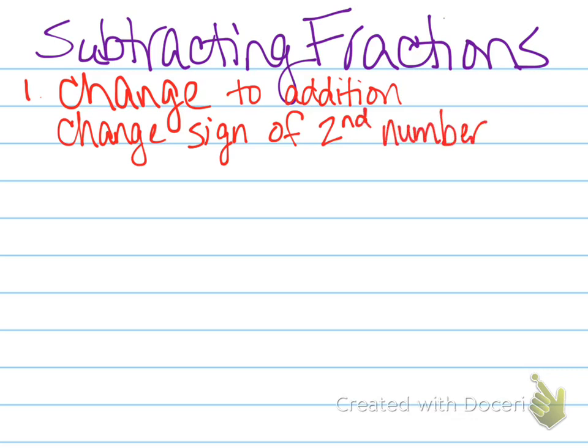Do not touch the first number. We don't change the first number ever. Never change the first number.